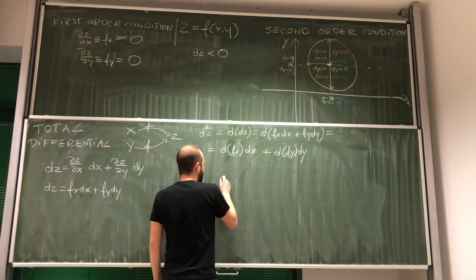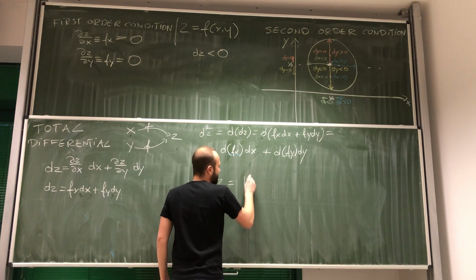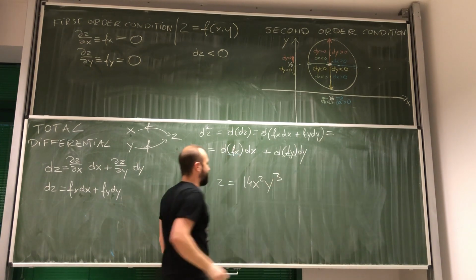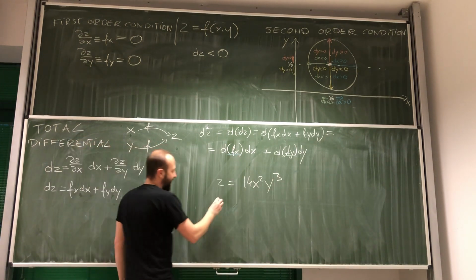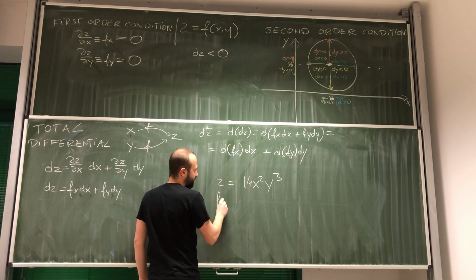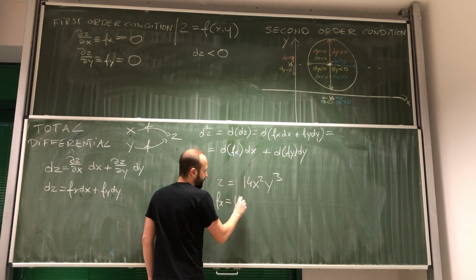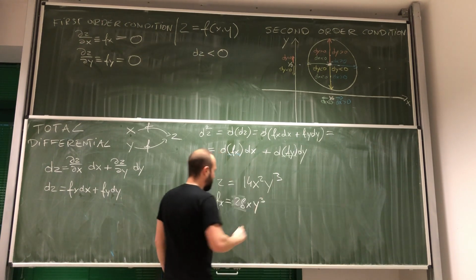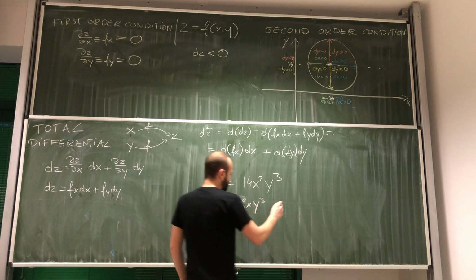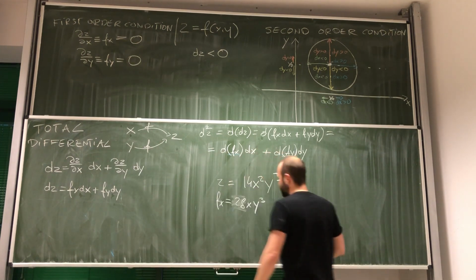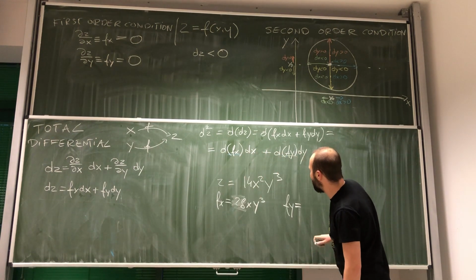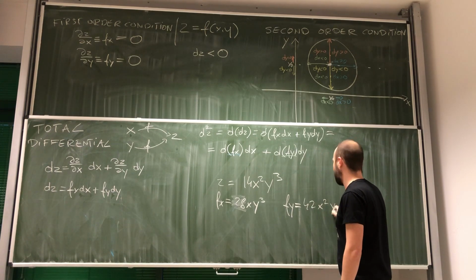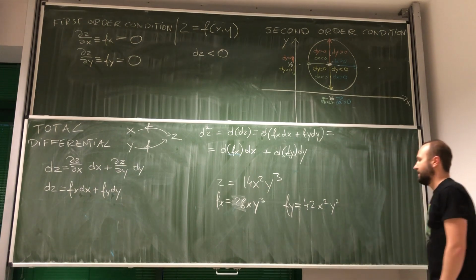If the function is, for example, z equals 14x squared times y to the power of 3, then fx, the derivative of z with respect to x, is equal to 28x times y cubed, and the derivative fy is 42x squared y squared.